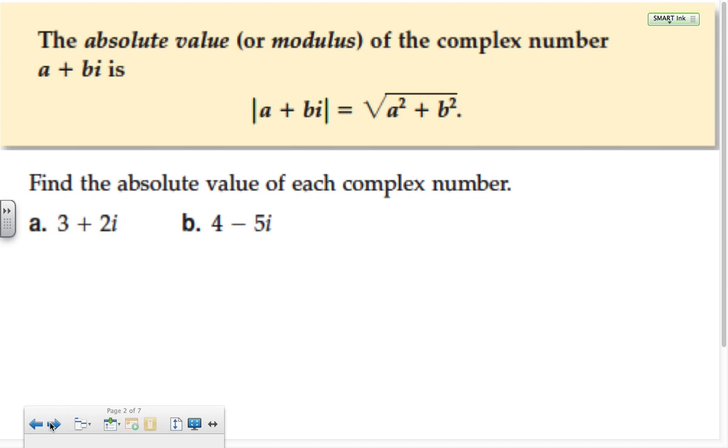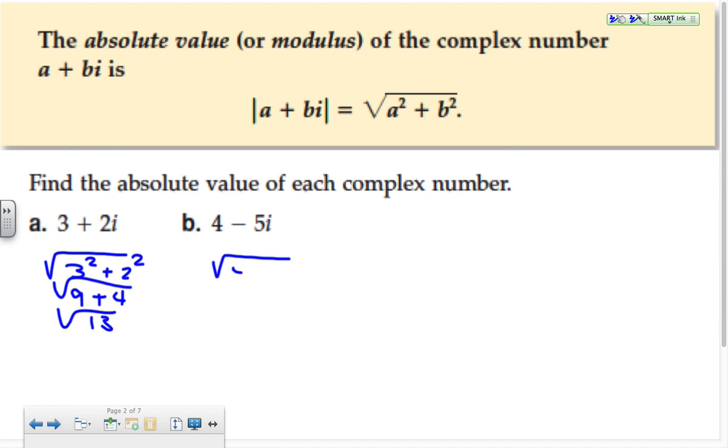So we're going to do this. 3 plus 2i is the square root of 3 squared plus 2 squared, which is 9 plus 4, which is the square root of 13. These numbers are going to come back up again, so we're not just doing them for the sake of doing them. 4 minus 5i is the square root of 4 squared plus 5 squared.